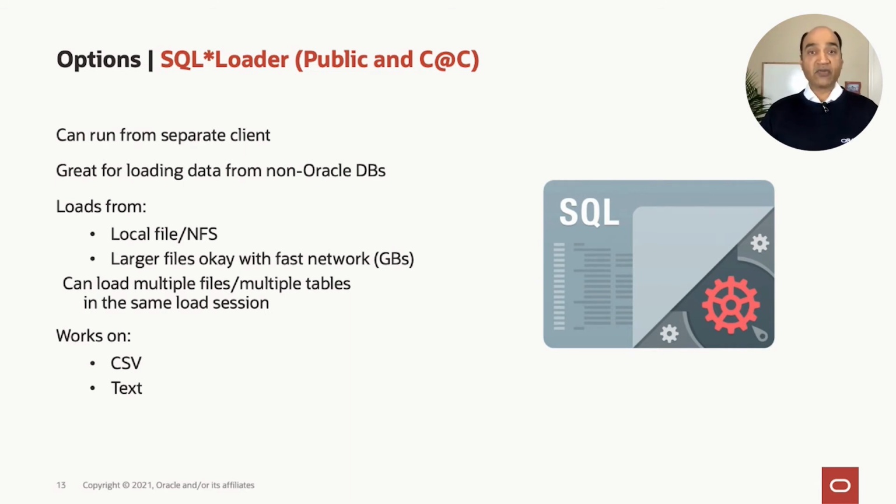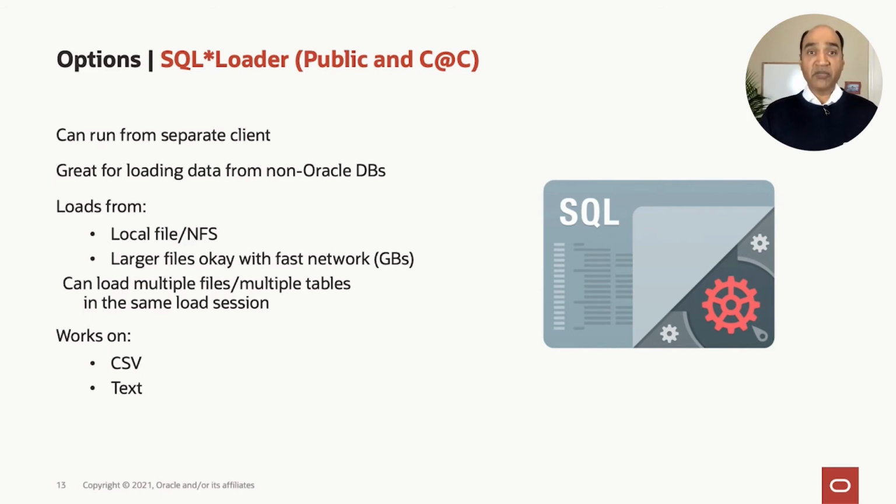Then comes SQL Loader. SQL Loader is unique in the sense that you can use it to load files from either object store or from an NFS device, depending upon whether you're using a public cloud Autonomous database or Cloud at Customer. Let's take Cloud at Customer, for example. If your Cloud at Customer is on-premise in your data center, and you decide that your data should not leave your data center, you may not want to put it in the object store.